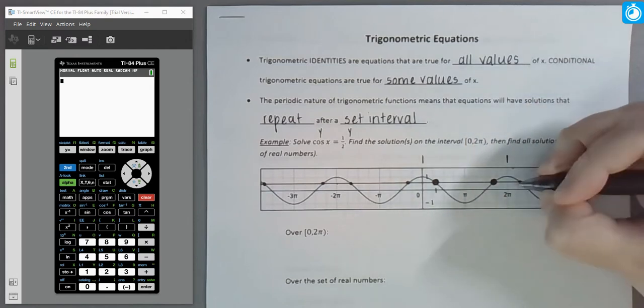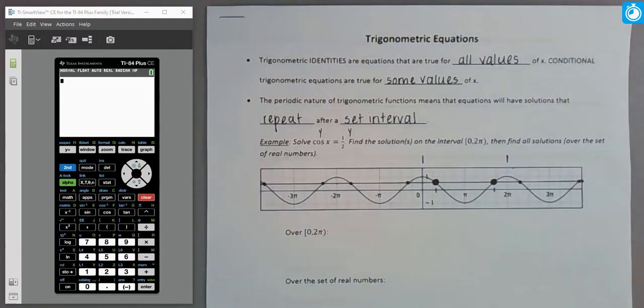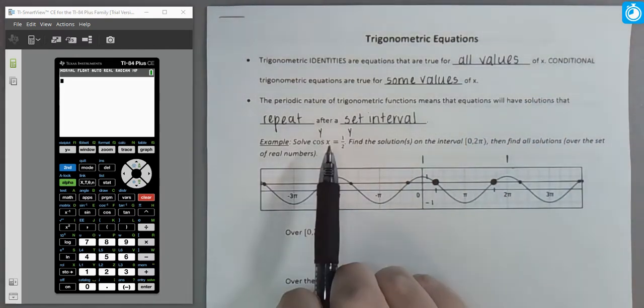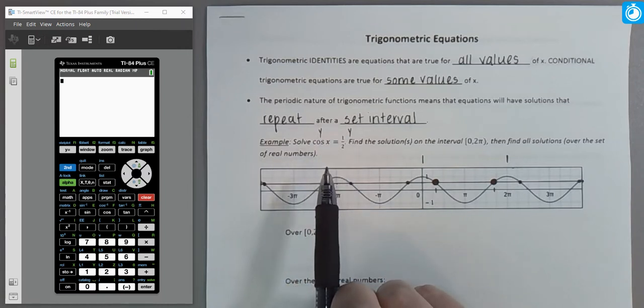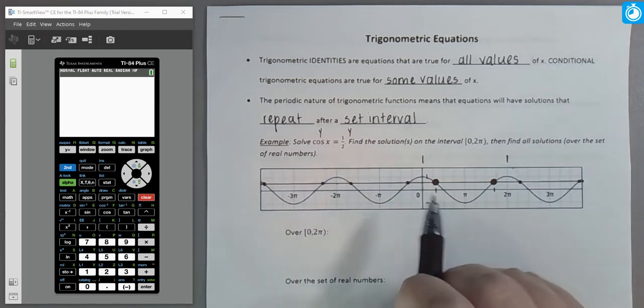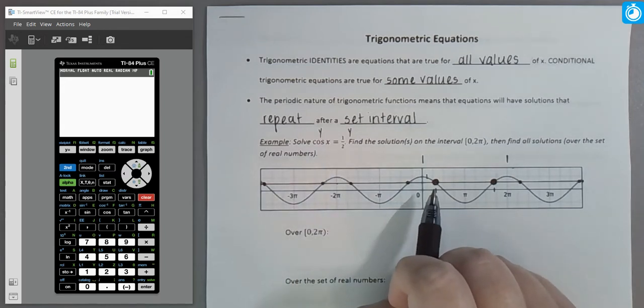So what are these two x values? We're looking for the x values associated with those 2 points where they intersect. Well, they're going to be whatever x values we have, whatever radian measures we have on the unit circle, where the cosine of that radian measure is represented by a value of 1/2. Well, what would those be? You might want to look at your unit circle. At this point, you may have the unit circle pretty much memorized, and if you do, then you'll know that's going to be a radian measure of pi over 3 at this location.